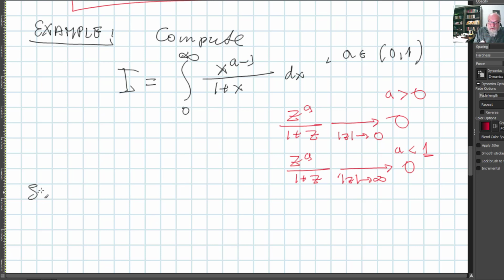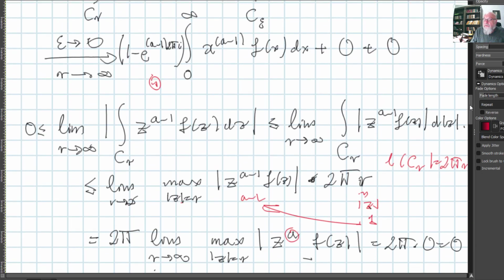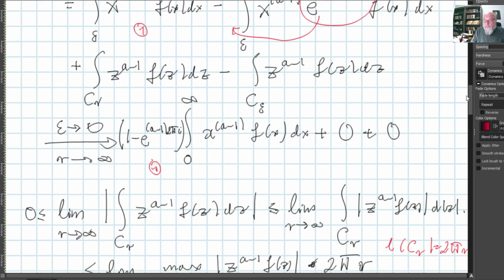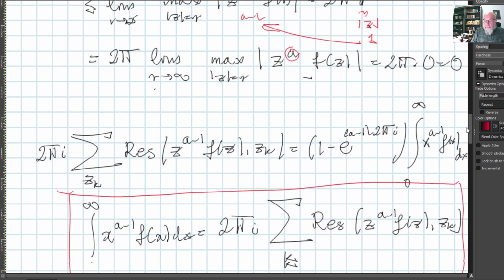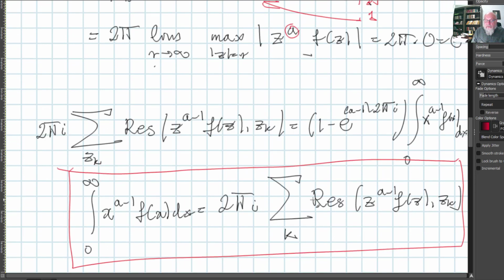So the solution goes like that. I can write the answer. Did I write the incorrect formula? Yes. Why did I write this incorrect formula here?